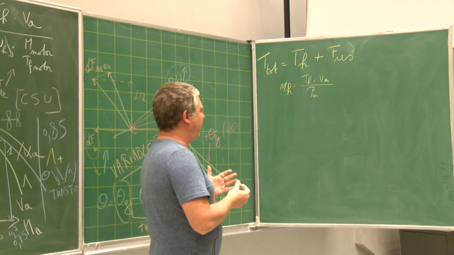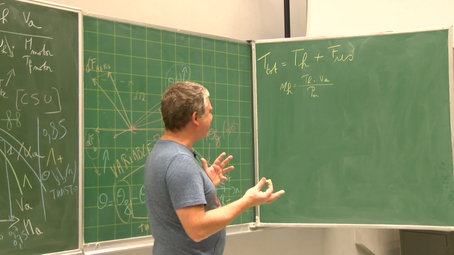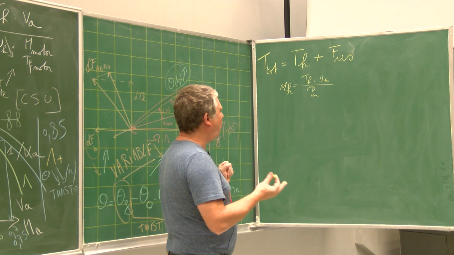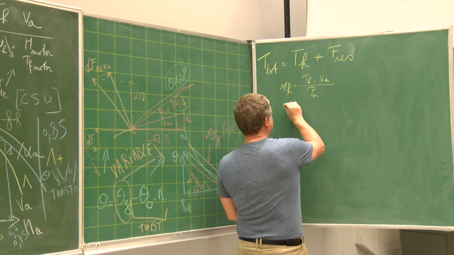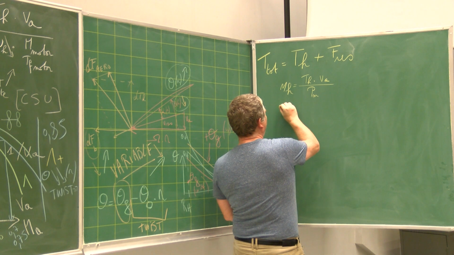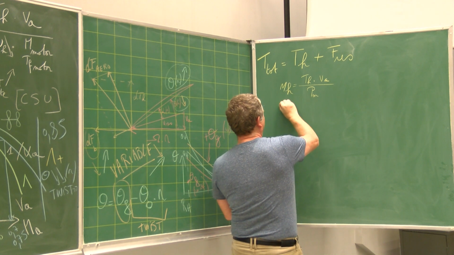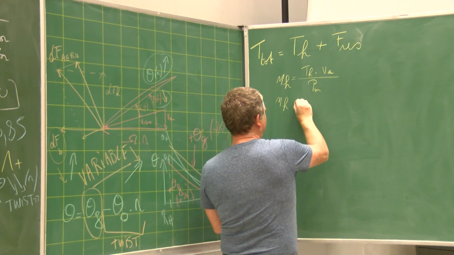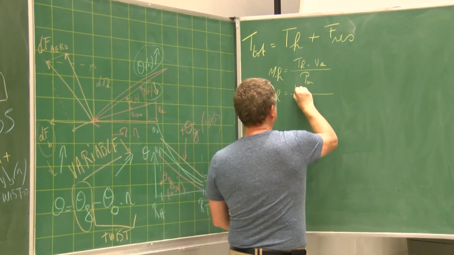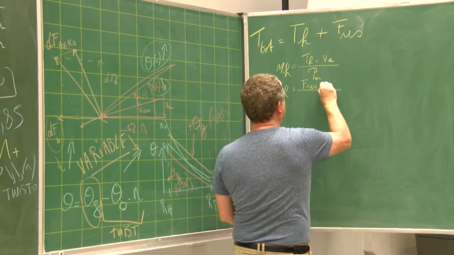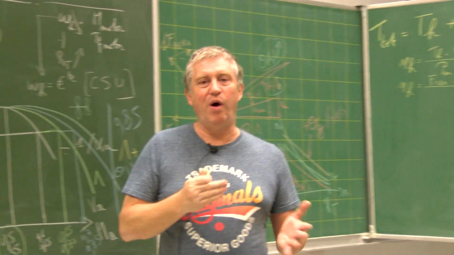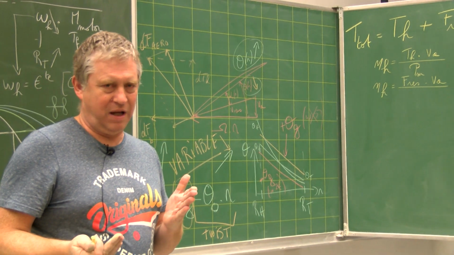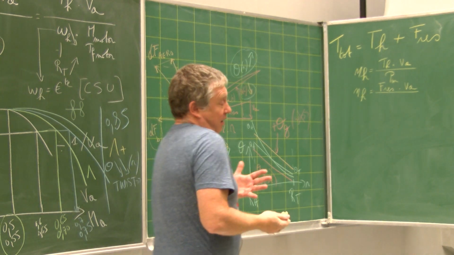And by using this eta h, what can we do also? We can write that eta h is used in order to transform the residual thrust into a power. How can that be done?